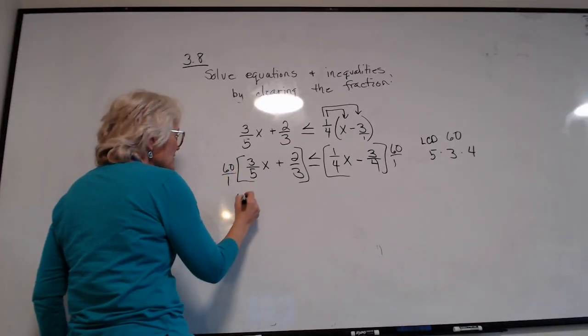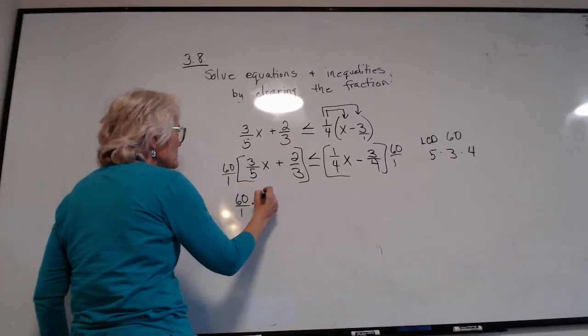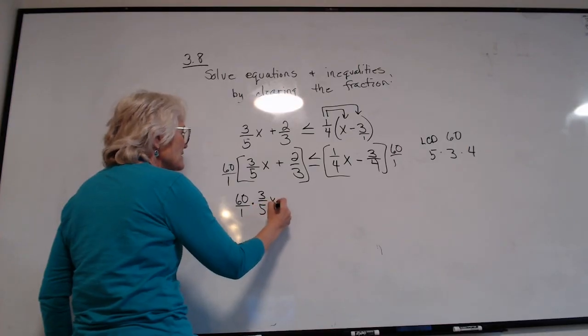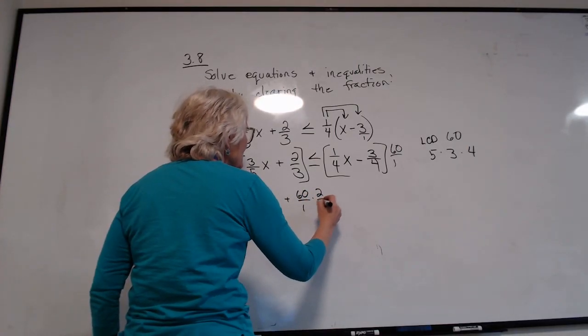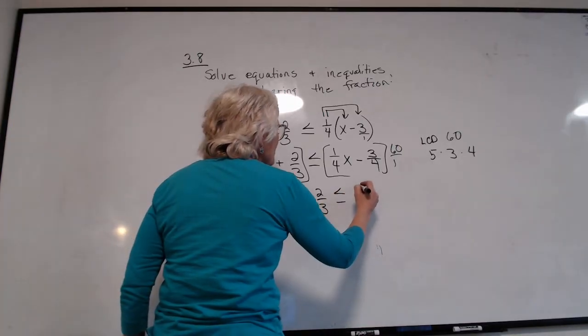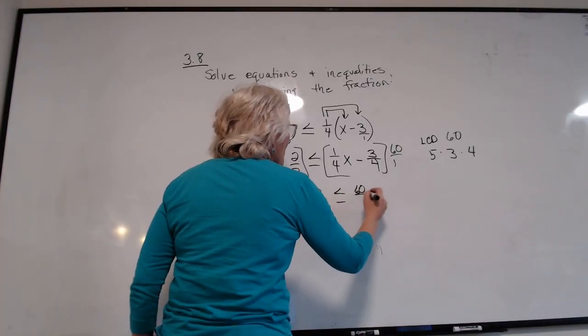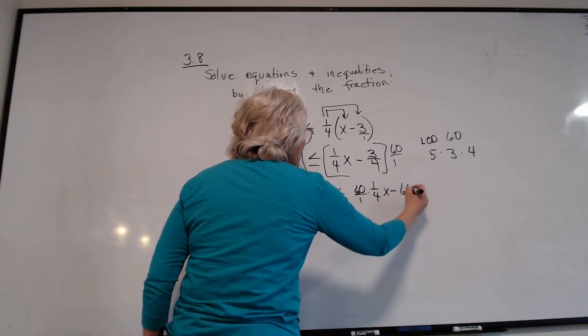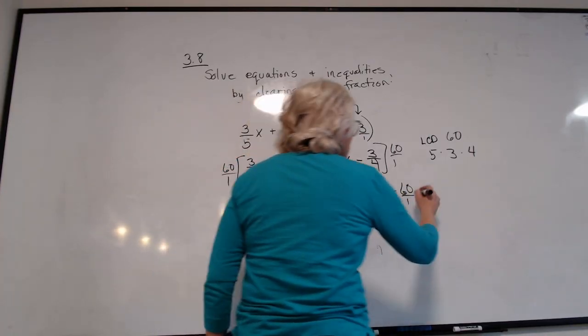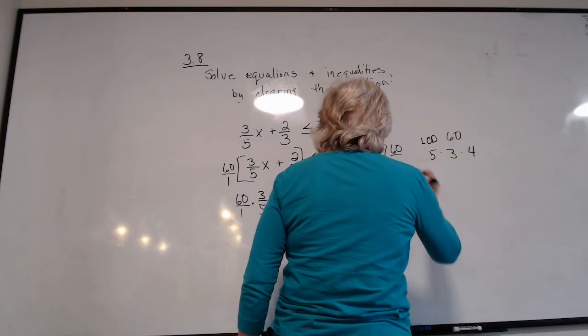So I'm going to write it as 60 over 1 times 3 over 5x plus 60 over 1 times 2/3, less than or equal to 60 over 1 times 1/4 x minus 60 over 1 times 3/4.